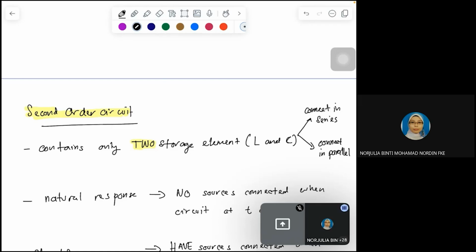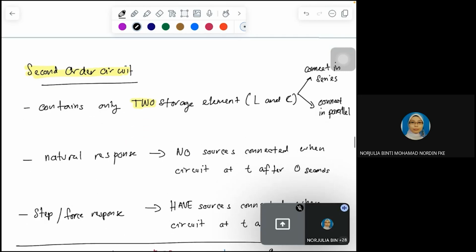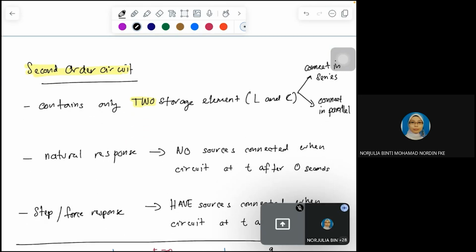All right, so now let's move to the second order circuit. We call this particular circuit a second order circuit because your circuit contains both storage elements. It contains L and C together.